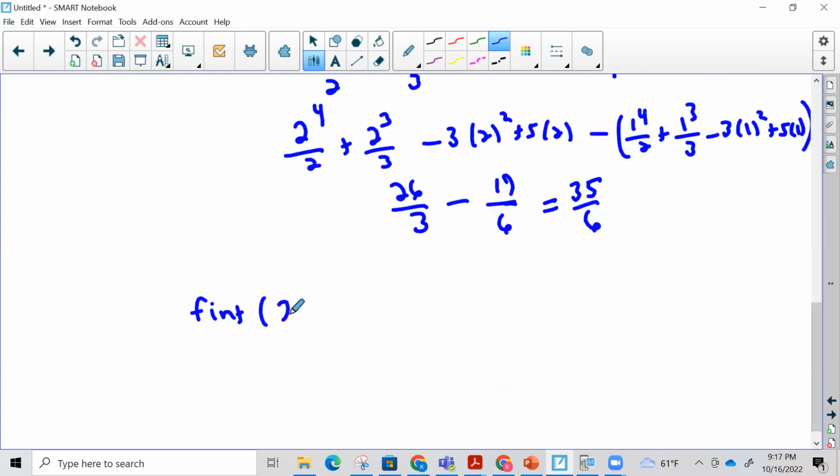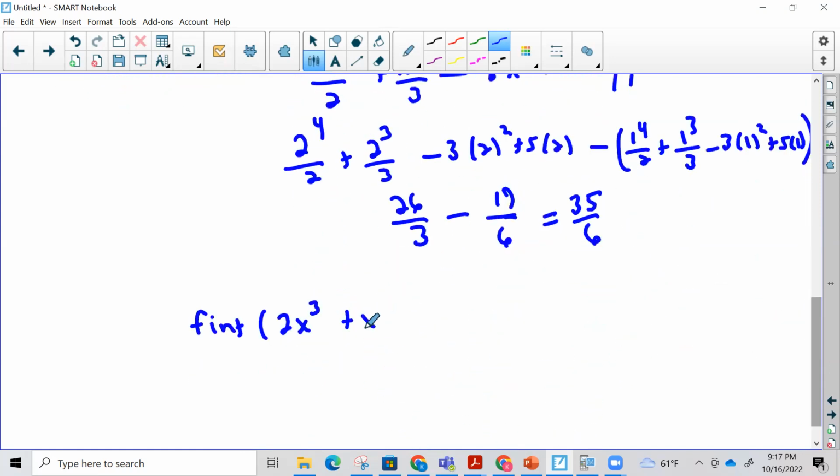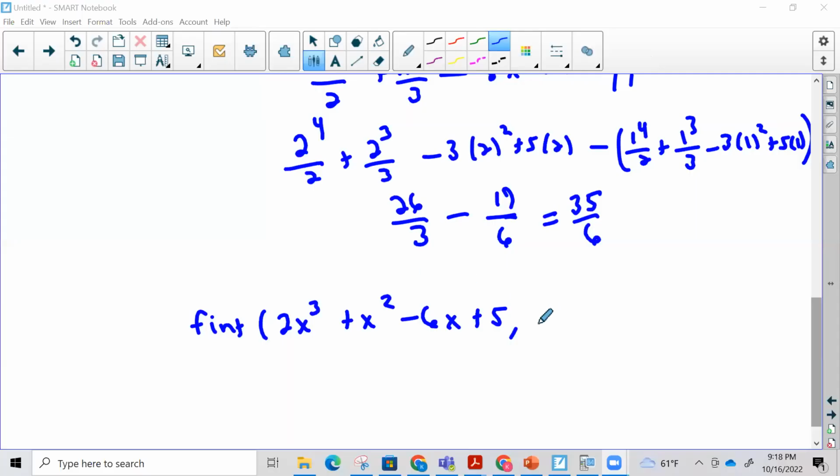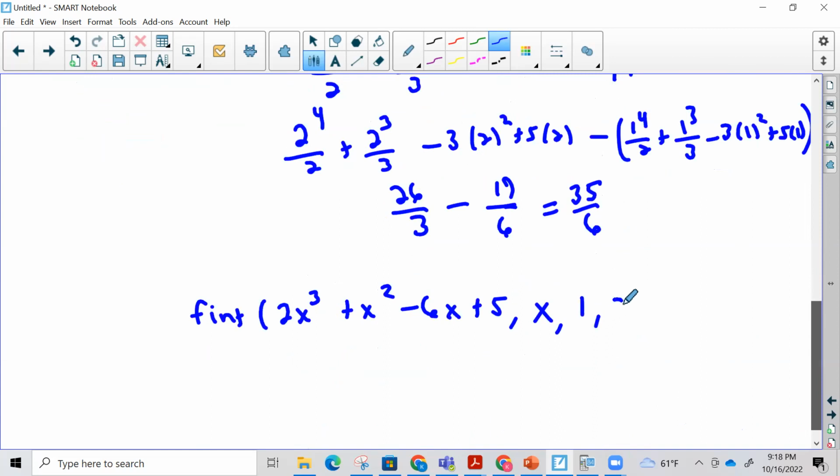So 2x cubed plus x squared minus 6x plus 5, comma, and then you always put x because it's with respect to x, comma, lower bound, comma, upper bound.